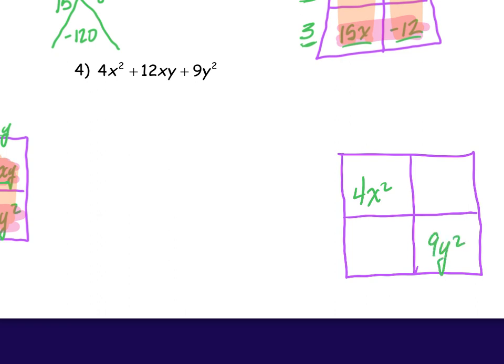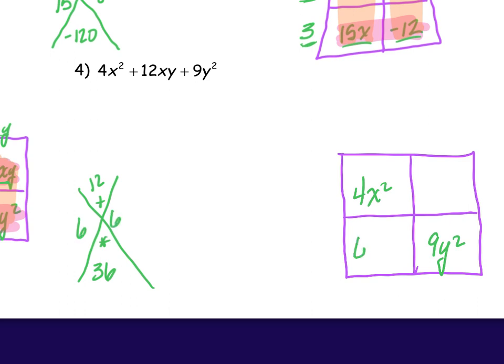Good, okay. 4x squared, 9y squared. What does it need to add to be? 12, good. And what does it have to multiply to be? 4 times 9, 36. So give me two numbers that multiply to be 36, add to be 12. Yeah, good. 6 and 6.